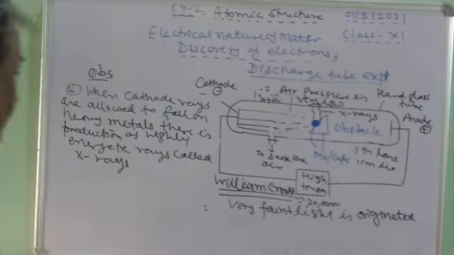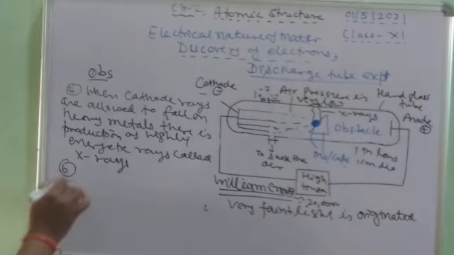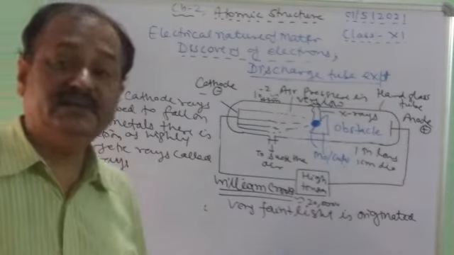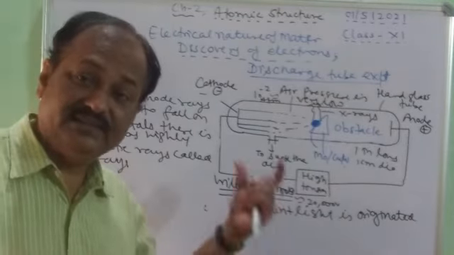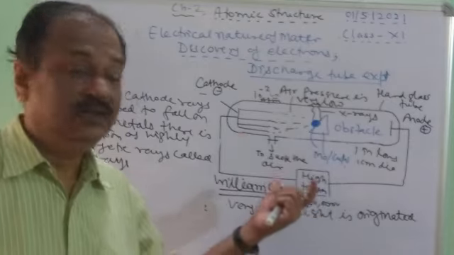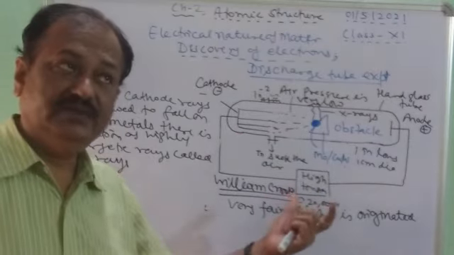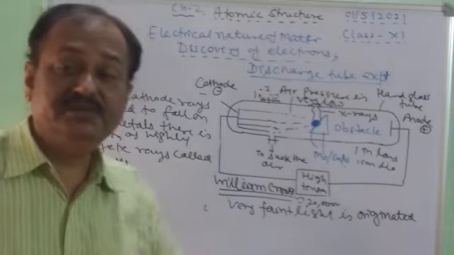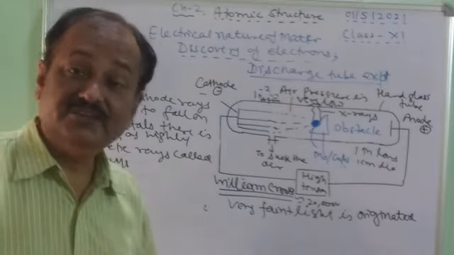Now the sixth point, children: they cause ionization. What is the reason behind this? Why is current flowing in the discharge tube having very, very low pressure? It means there must be origin of some charged particles.